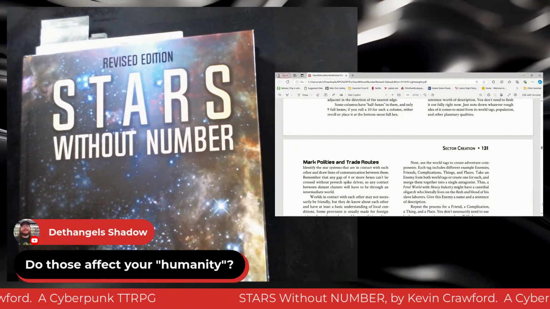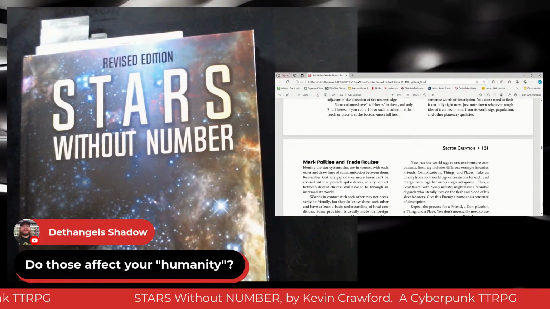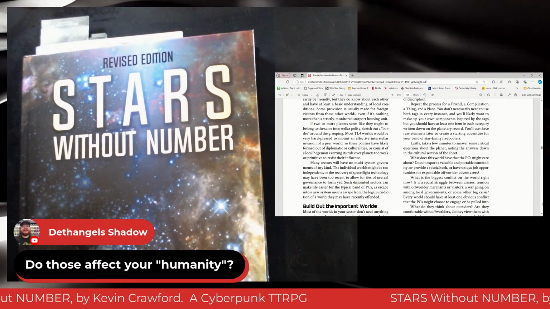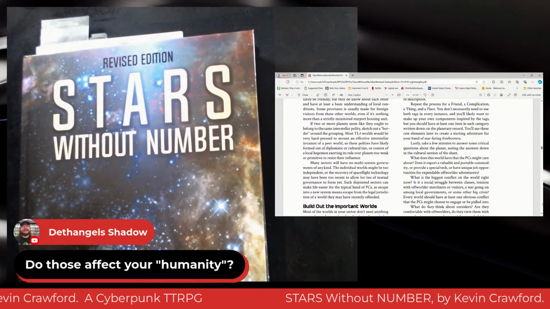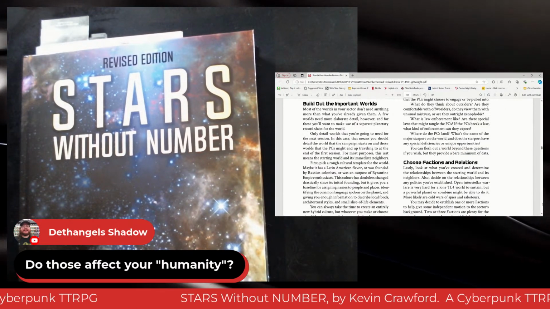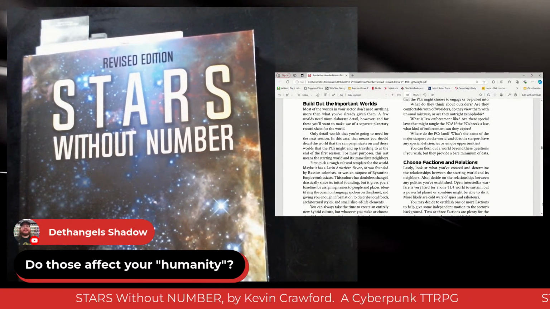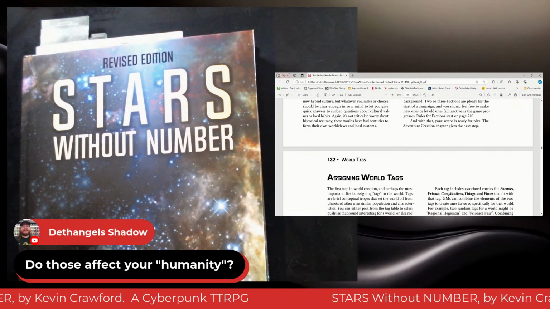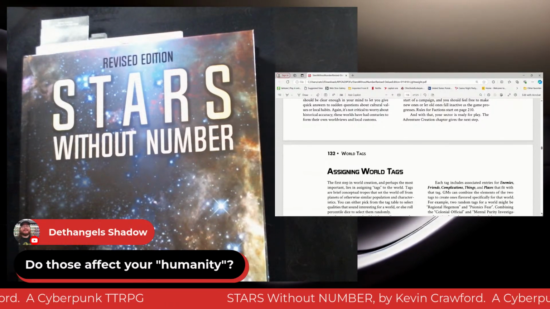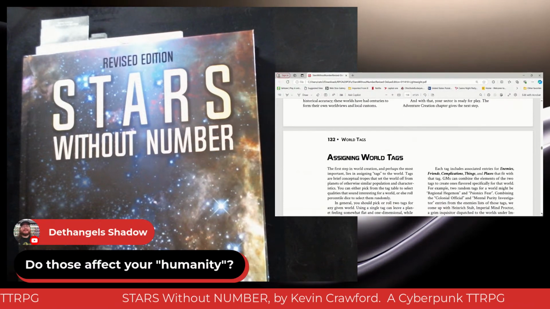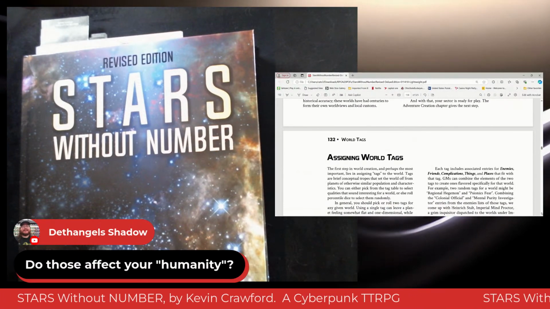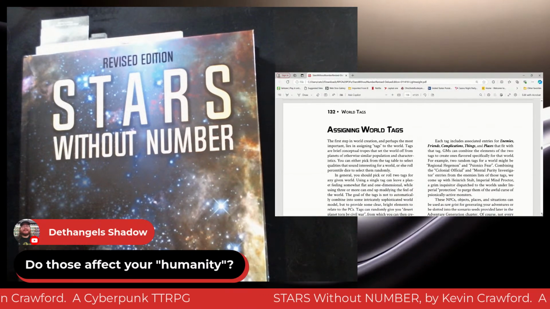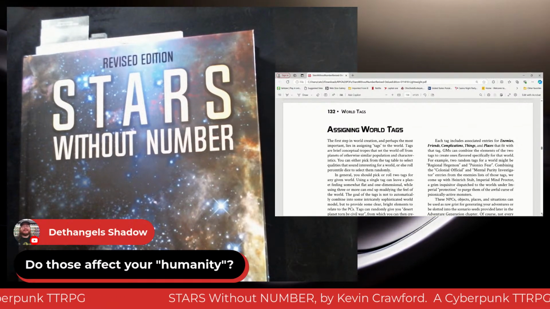What I'm paging through here digitally are the different methods and best practices that Kevin Crawford's come up with to create your own sectors in terms of the planets and the worlds and the factions, which we're going to get into. And there is actual faction gameplay so that your sandbox keeps changing with your different governments and criminal organizations and things like that.